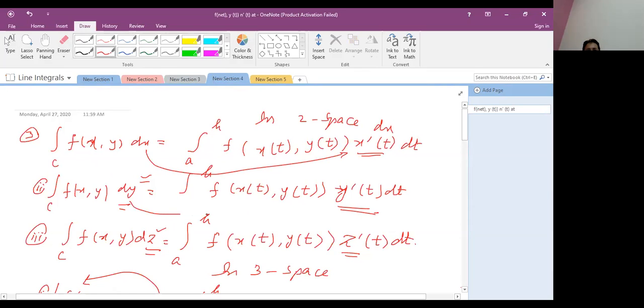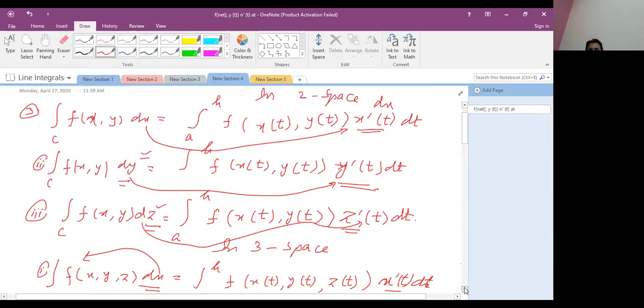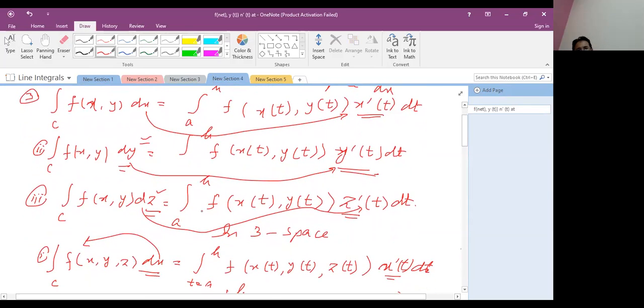We replace dy with y prime of t dt and dz with z prime of t dt. The whole function is then converted into parametric form.